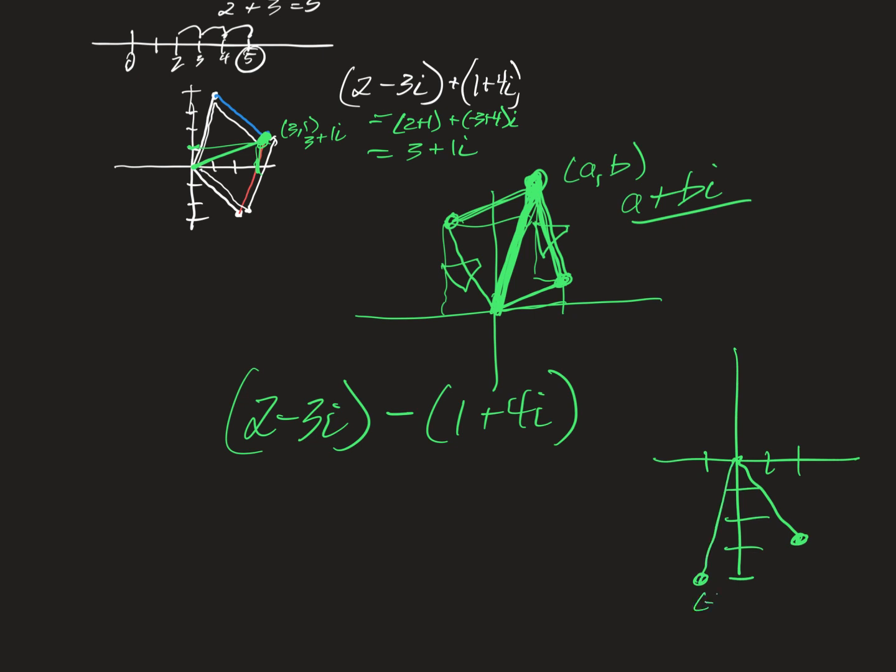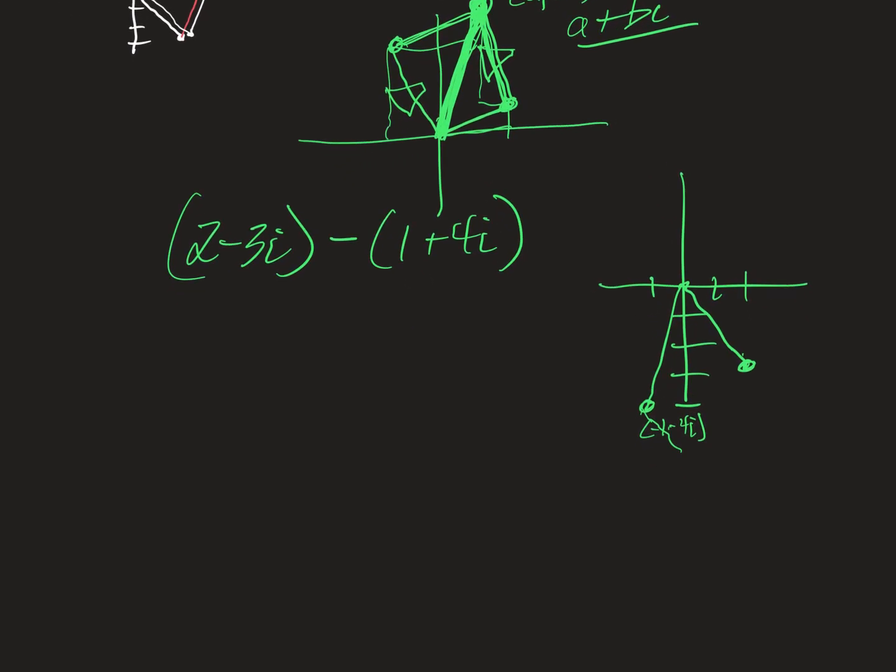So I graph the negative 1 minus 4i, that's the opposite, and I'm going to add these two vectors together now. And so again, I would do same slopes, and that would give our new solution, which looks to be about 1, negative 7. Okay, and so 1, negative 7 should be right about there.